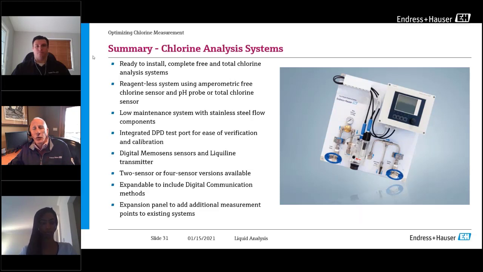Total chlorine, it's not the case. In total chlorine, you're measuring everything. So there is no need for pH compensation because you're not measuring just hypochlorous acid, you're measuring everything. So that's why you don't need a pH probe in total chlorine measurement.